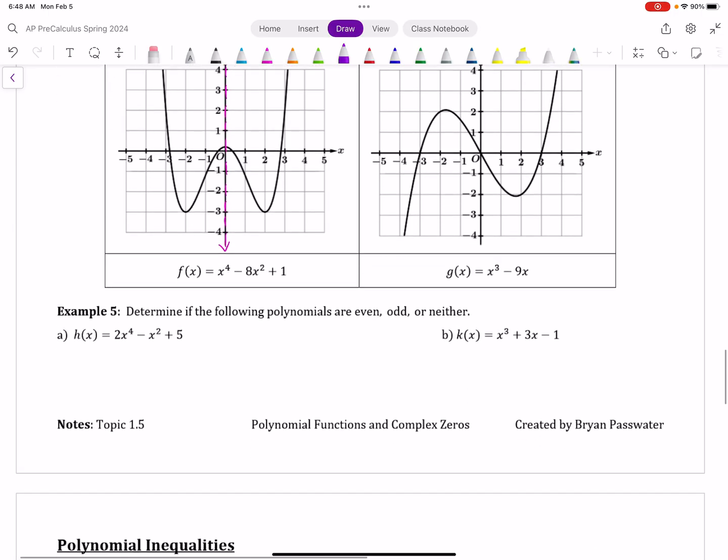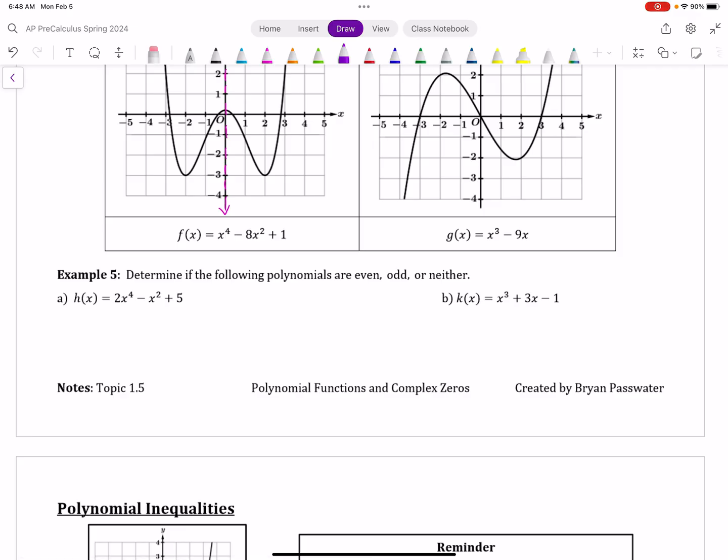So looking at example 5, we are going to determine if these two functions are even, odd, or neither algebraically. So for h of x, we want to think about h of negative x. Anywhere we see an x, we want to substitute in negative x.